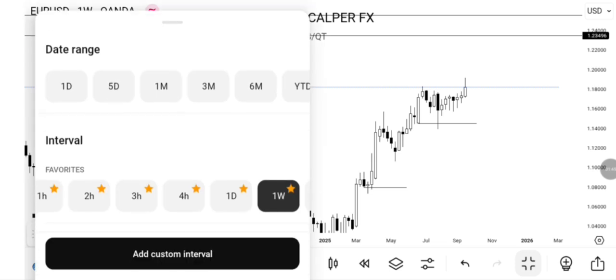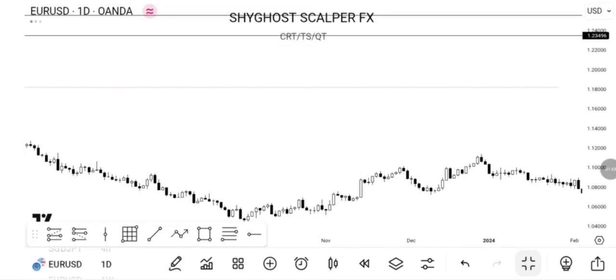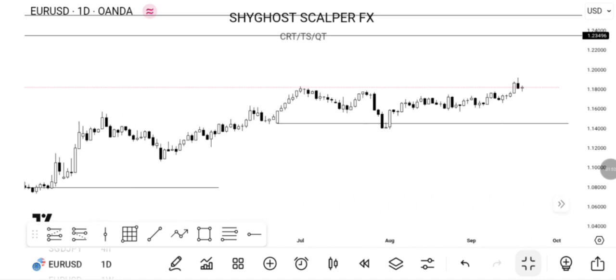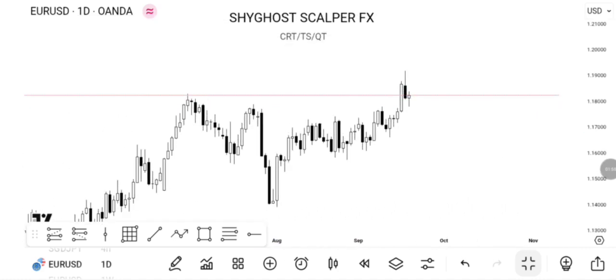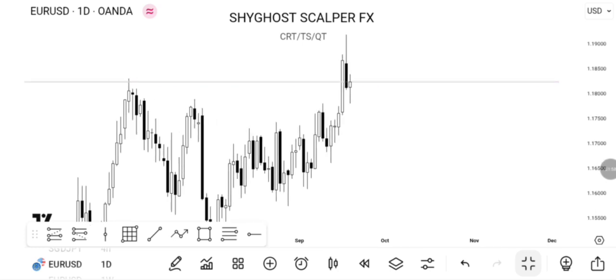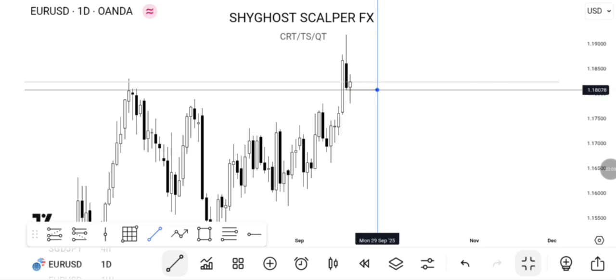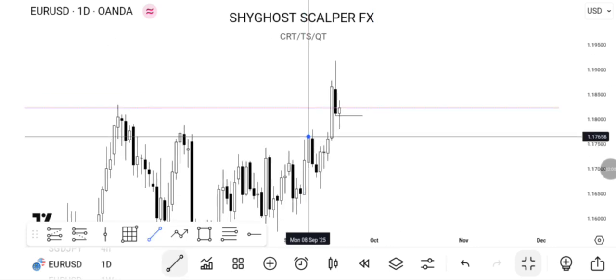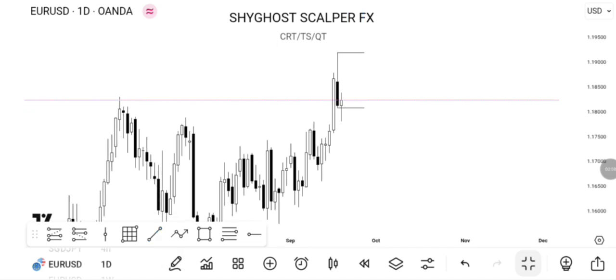So then I'm gonna drop down to the daily time frame. On my daily time frame, I can see that this is my previous day high, this is my previous day low, right?